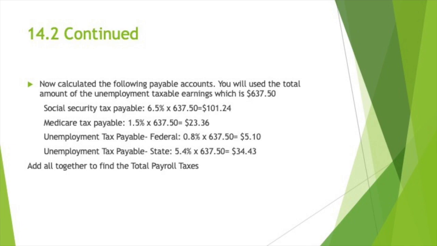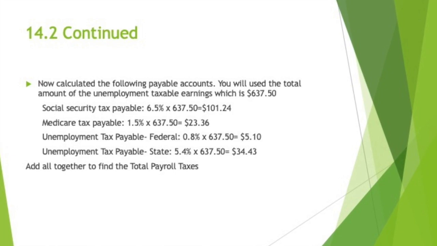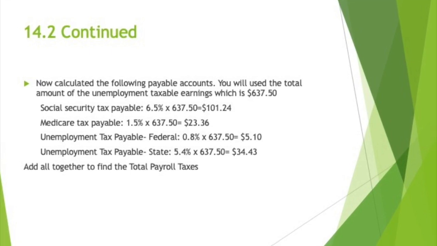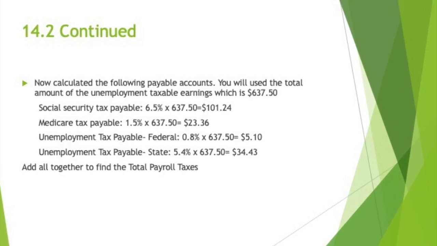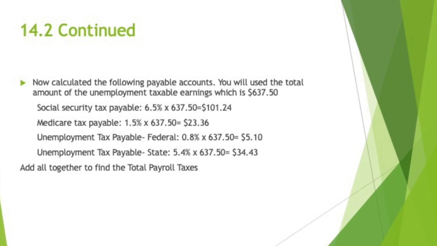Now you need to calculate the following payable accounts. You will use the total amount of unemployment taxable earnings, which will be the $637.50. I'm going to give you the percents that you're going to use in Work Together and on your own. I also believe that this is the same percents that you need for your application problem.